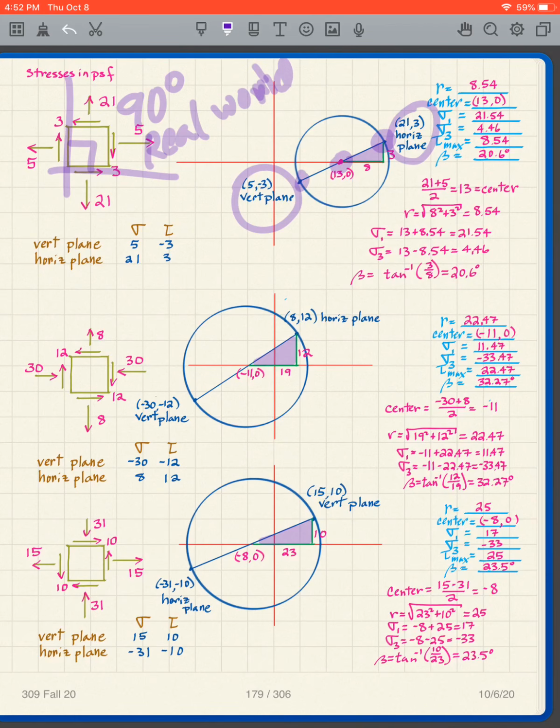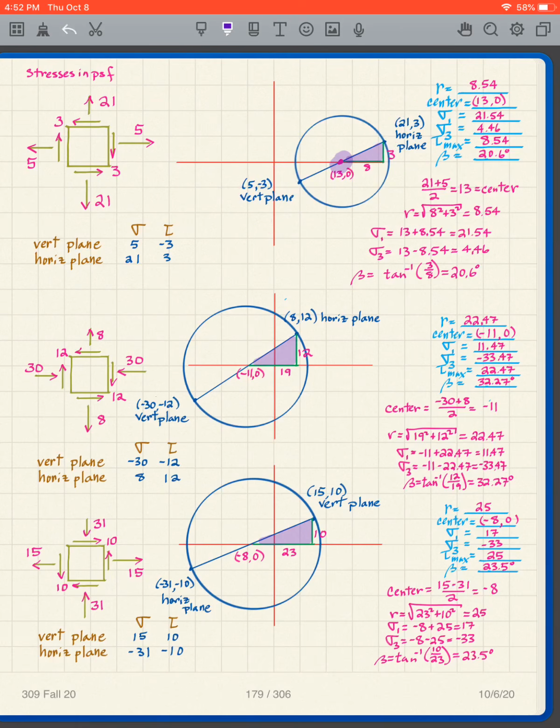But if I look at the Mohr world, what do I see? That angle is 180 degrees in the Mohr world. This is just one validation of the fact that in the Mohr world it is 180, the real world is 90. Oh, it's twice as much. So the Mohr world angle is twice as big as the real world angle. And we're going to be using that.